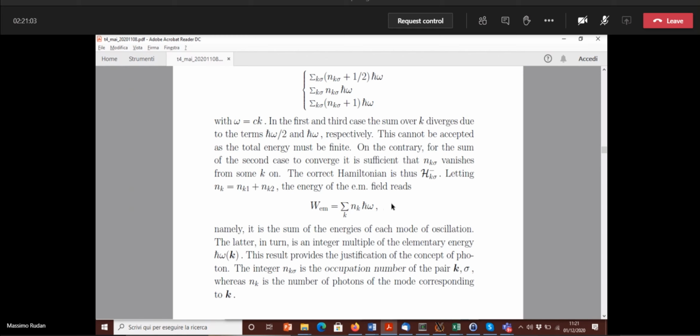Each individual term is equal to an integer number nk times h bar omega. So this is formally the demonstration of the photons.